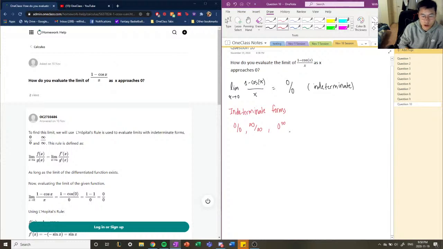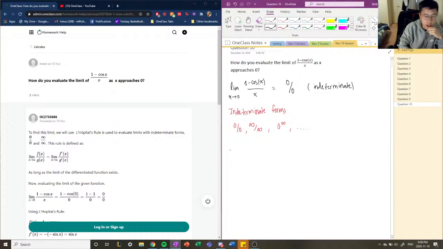If you want to look for the full catalog of all the indeterminate forms, these are basically forms we cannot calculate any further because we don't know what 0 divided by 0 is, or what infinity divided by infinity is. L'Hopital's rule can be used to calculate these kinds of limits.